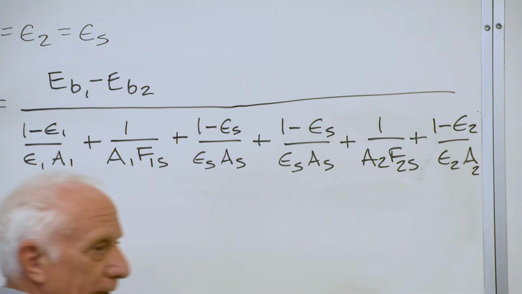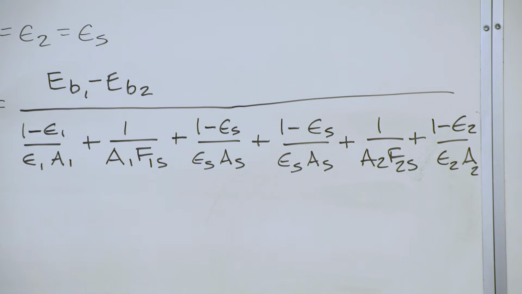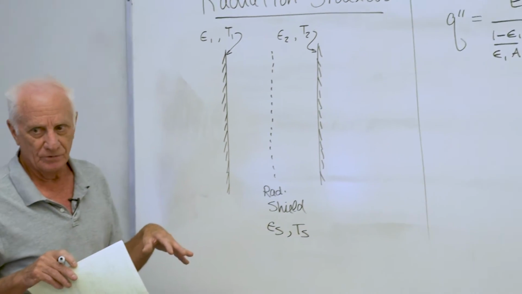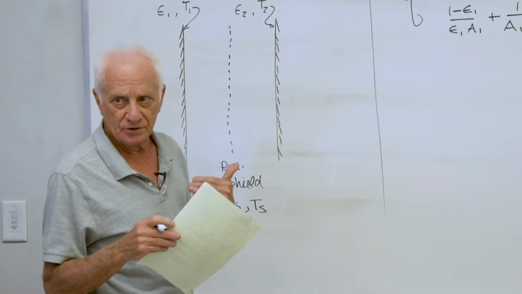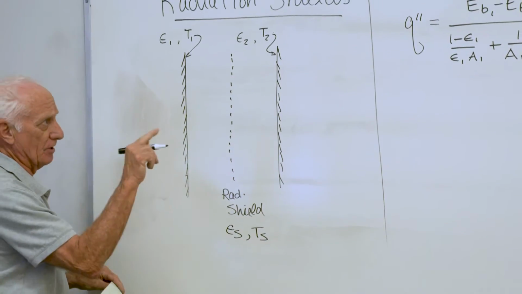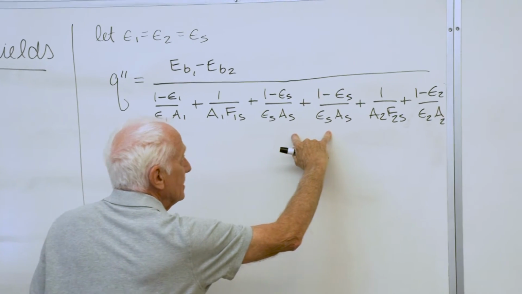There's a total, as you can see, of 1, 2, 3, 4, 5, 6 resistances. That adds a lot of resistance to that heat transfer between those 2 surfaces. So the resistance is very large, which means the heat transfer will be much smaller. I'm going to show you on this sketch where those resistances are, just so you know. People normally get confused when you put up 2 of these guys.